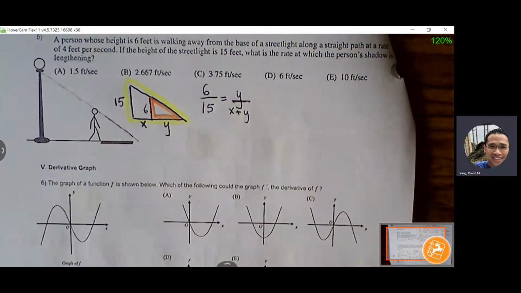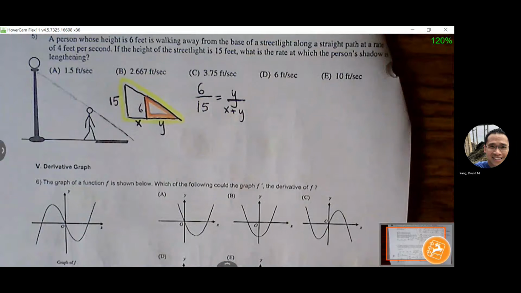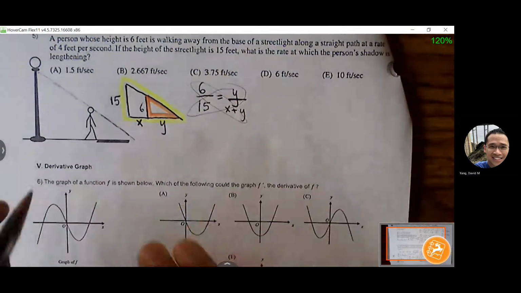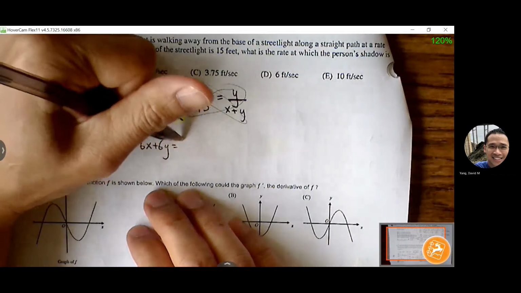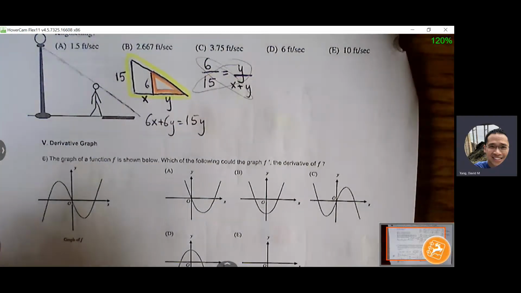Okay. We're going to get everything cleaned up, and then we can bring in the time aspect of it, where we do d over dt. Okay, we'll cross multiply here. Let's combine some like terms.